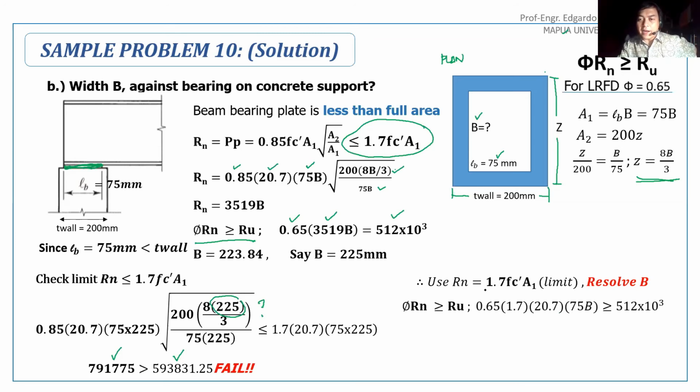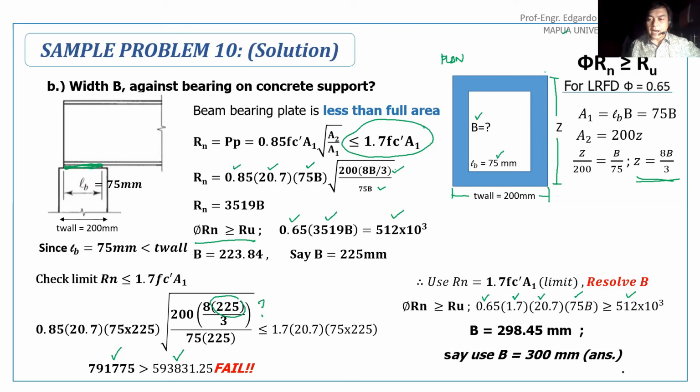Kapag limit, Rn limit na yung gagamitin mo to be your Rn. So, 0.65, that's the resistance factor. Tapos ito yung limit, 1.7 FC prime A1 lang. A1 mo, 75B. Tapos equate it with the R sub U. So from there, we could easily solve for the B, 298. And round it up to multiples of 25, say we have 300 na. So ito na yung pinaka-final width na kailangan natin, 300 millimeters.